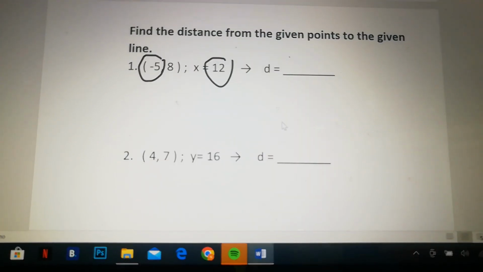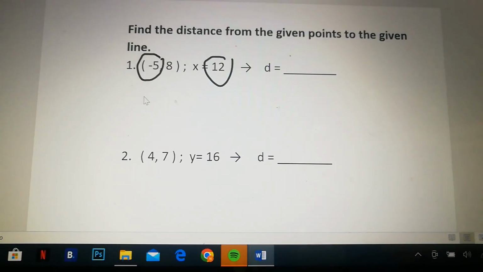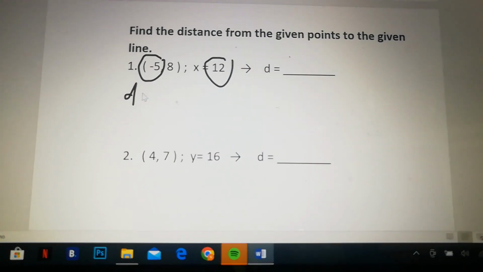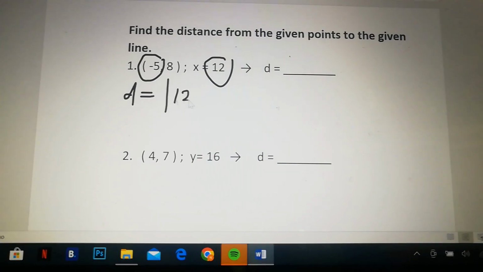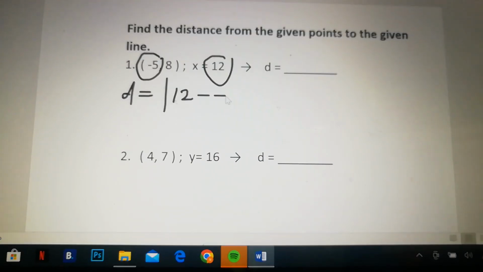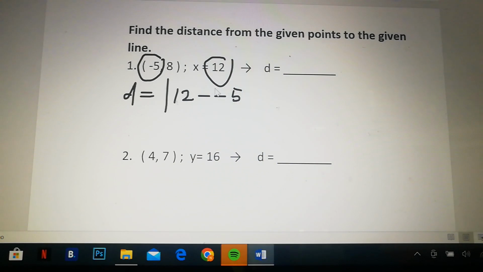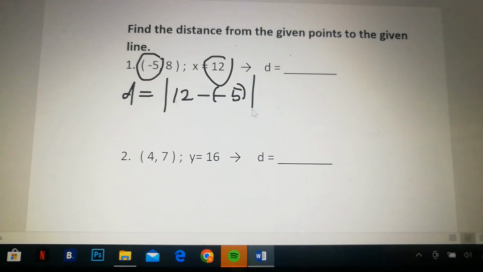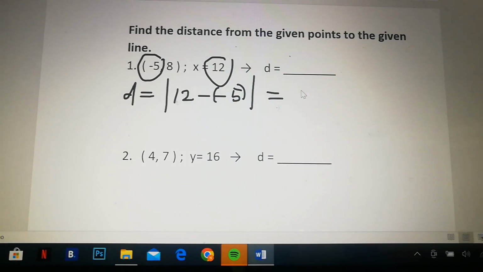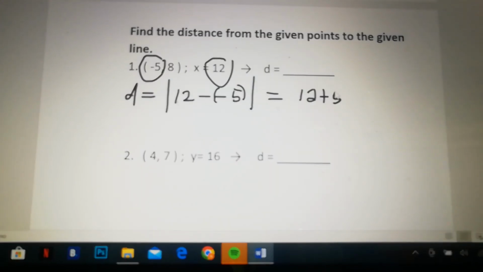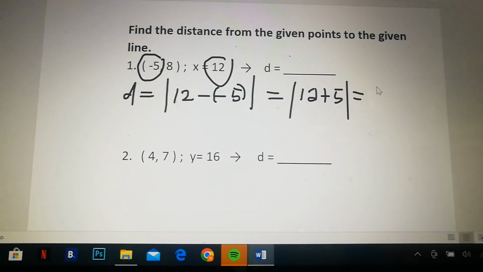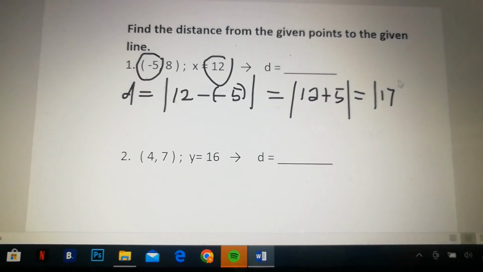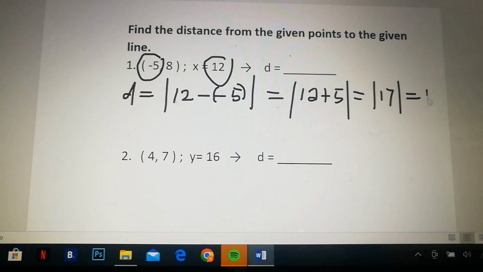The distance is the absolute value of 12 minus negative 5, equal to 12 plus 5, equal to 17. Absolute value of 17 is 17.